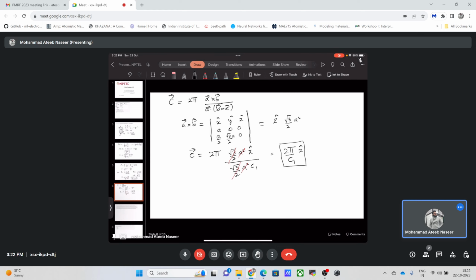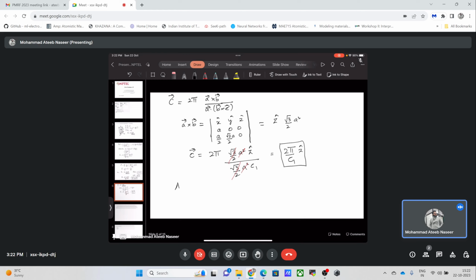Now you can clearly see we have found the reciprocal lattice vectors a, b and c along x, y and z. Now we need to look into the angles between all these lattice components that we have found.